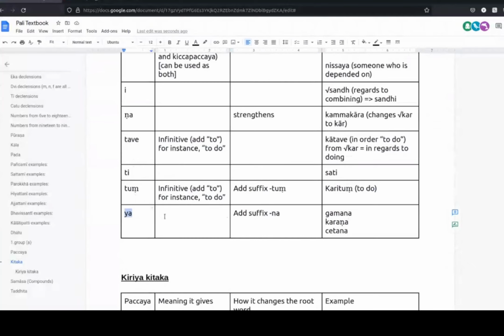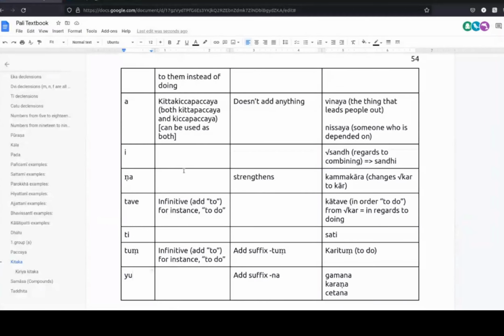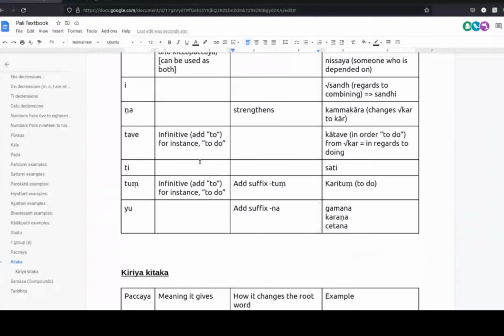Tueditum, and I don't think this is even ya. Tueditum. I think this is actually you. Tueditum. Let me see. Na tawe. Not tueditum you. I think this is you. Doesn't really matter because you don't use it. You add na instead. Okay.